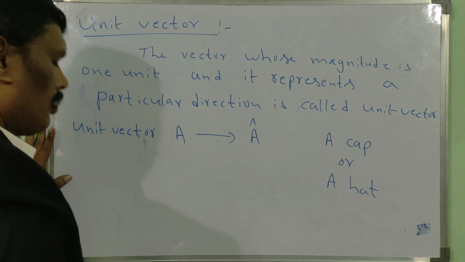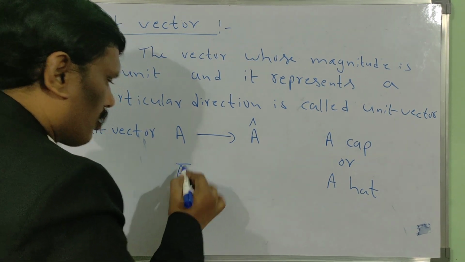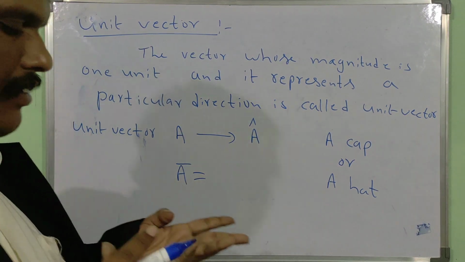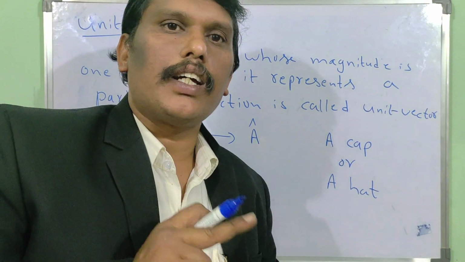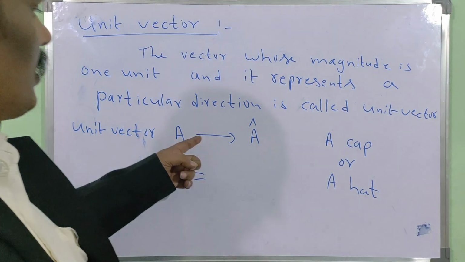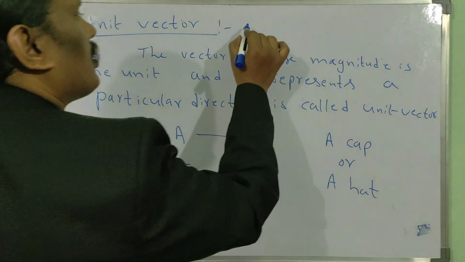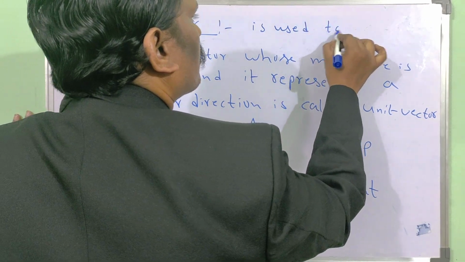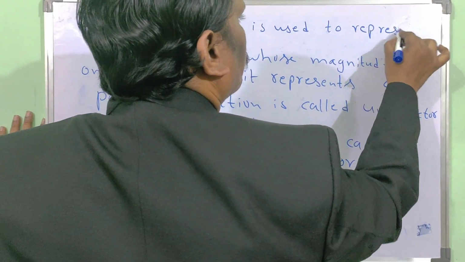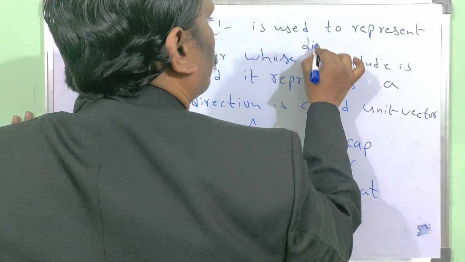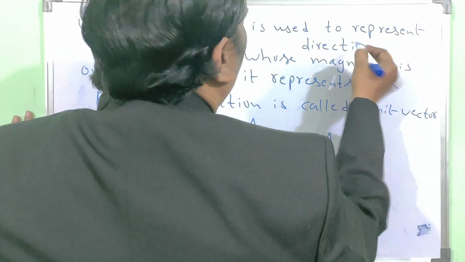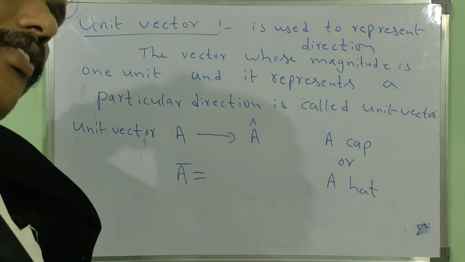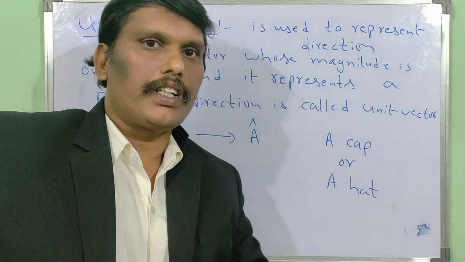And any vector A bar, how to represent? Vector means it consists of both magnitude and direction. Already we discussed unit vector is used to represent direction. Why? Because its magnitude is 1. That's why we use unit vectors to represent direction.